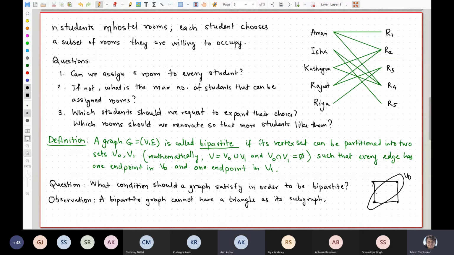Okay, got it. So somebody said odd length cycle. Who was that? Chinmay, is it? Yes, sir. Can you quickly justify that?